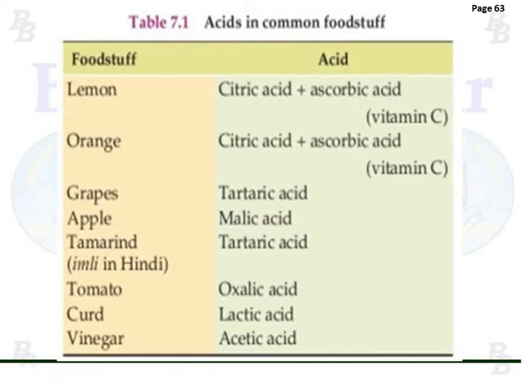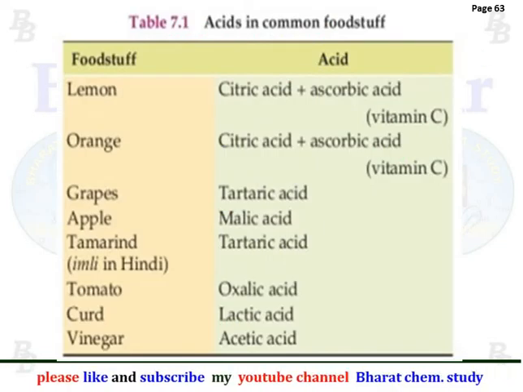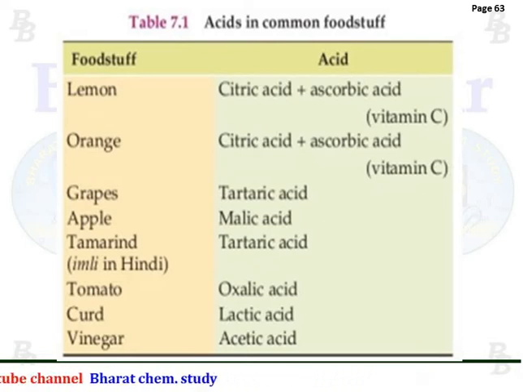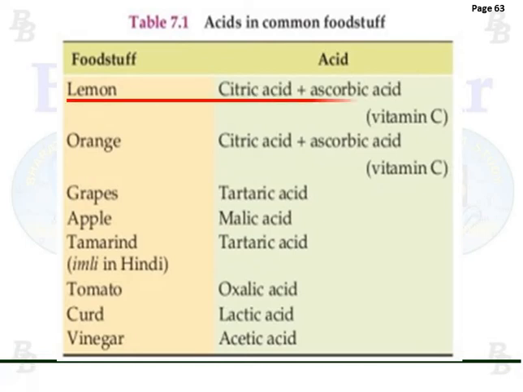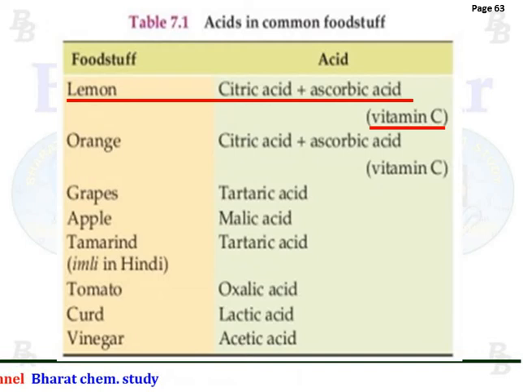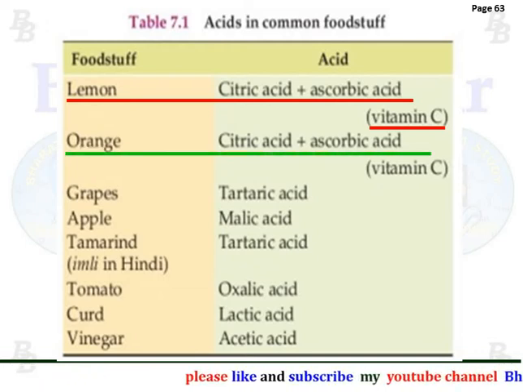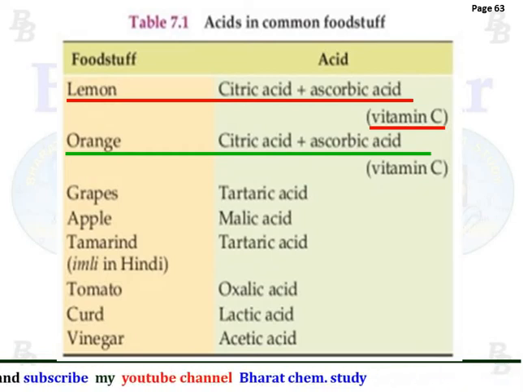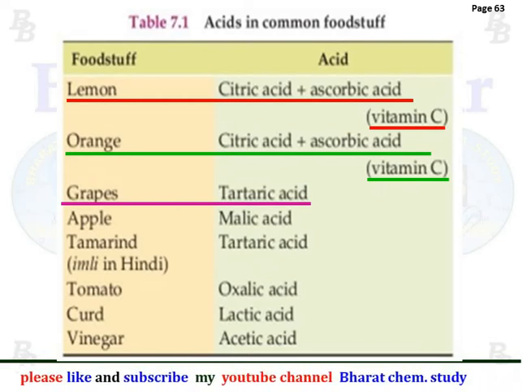This is a table in which we are going to study the acids present in different foodstuffs. First, lemon. It contains citric acid plus ascorbic acid, also called vitamin C. Vitamin C has the chemical name ascorbic acid. Orange also contains citric acid and ascorbic acid, that is our vitamin C. Grapes contain tartaric acid.